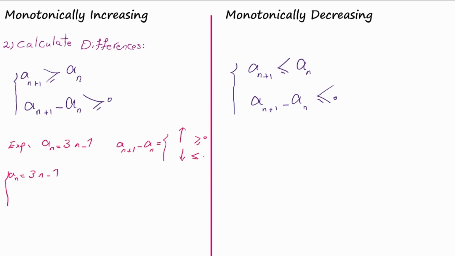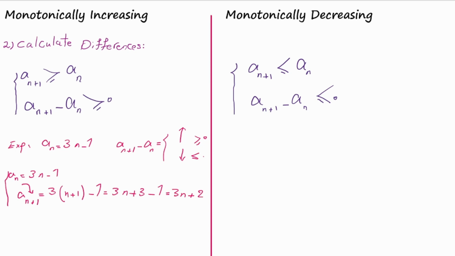In order to calculate the term a sub n plus 1, we simply substitute n with n plus 1. So we have 3 times n plus 1, minus 1. If we distribute the 3, we have 3n plus 3 minus 1. After simplification, we have 3n plus 2.